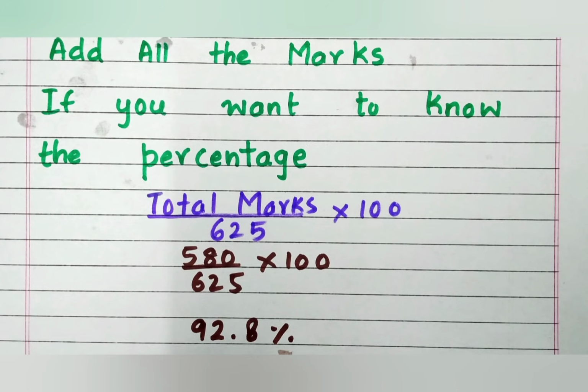If you want, this is just for your reference: total marks scored by you, divided by 625 into 100. For example, if you have scored 580, divided by 625 into 100, you get 92.8%. I hope all the students should score more than this percentage.